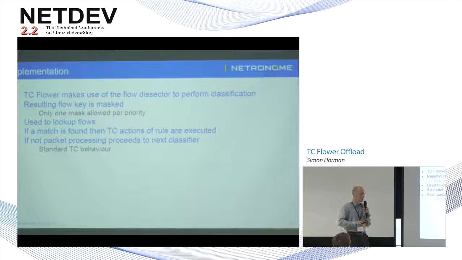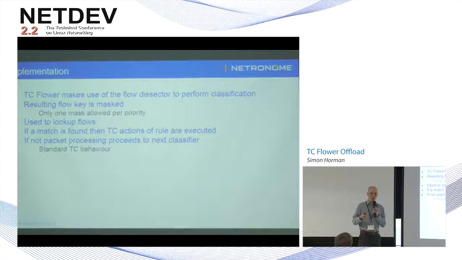One thing to observe about the current implementation, and it's not really a limitation in the design as such, but currently you can only have one mask at a given priority level. This means that all the matching going on at a given priority level has the same mask. If your rule set has different masks, say you have one set of rules matching on IP addresses and a different set of rules matching on IP addresses and ports, then you would have to do these at a different priority level.